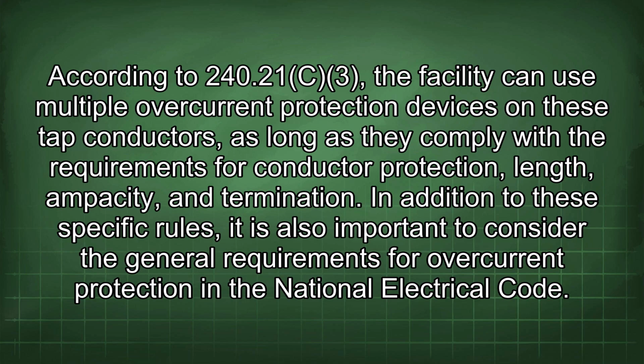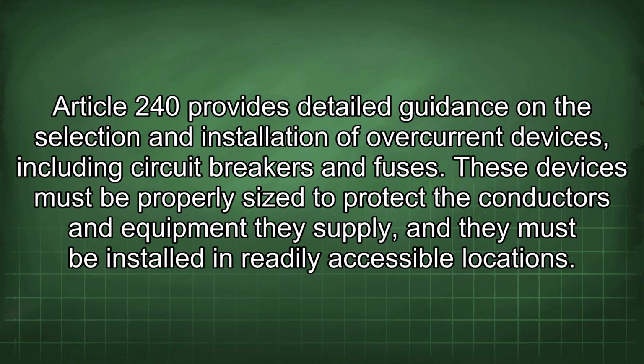In addition to these specific rules, it is also important to consider the general requirements for overcurrent protection in the National Electrical Code. Article 240 provides detailed guidance on the selection and installation of overcurrent devices, including circuit breakers and fuses. These devices must be properly sized to protect the conductors and equipment they supply, and they must be installed in readily accessible locations.